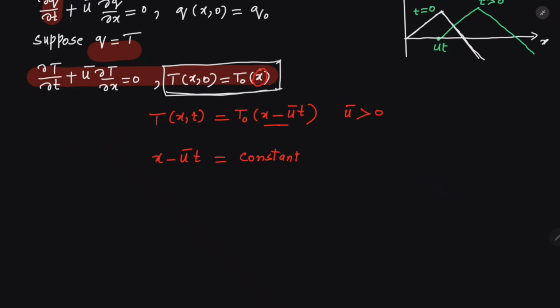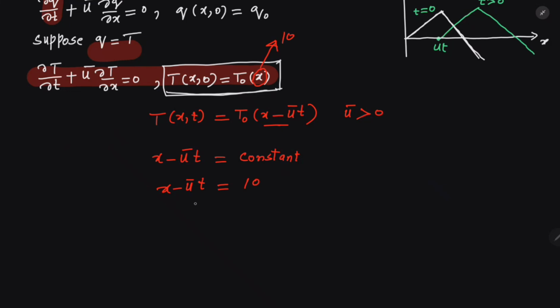For example, if we have any quantity 2, this quantity after some time will remain the same. x minus u bar t will remain the same. If the initial quantity is 10, then that quantity after some time will remain constant.